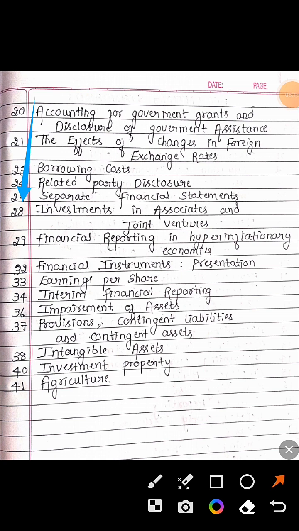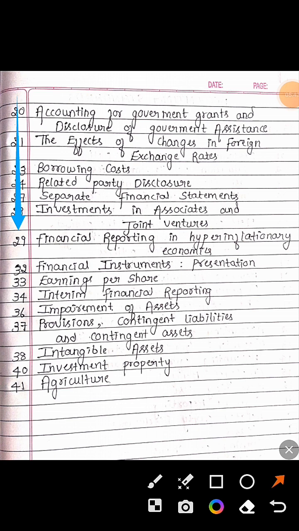So now we have Ind AS 29. What does Ind AS 29 talk about? Financial reporting in hyperinflationary economies. Oh, that is a very big word, hyperinflationary. It means inflation is going very high.